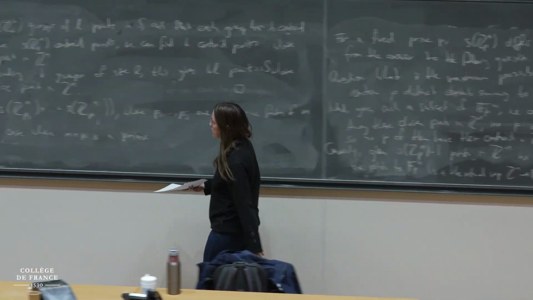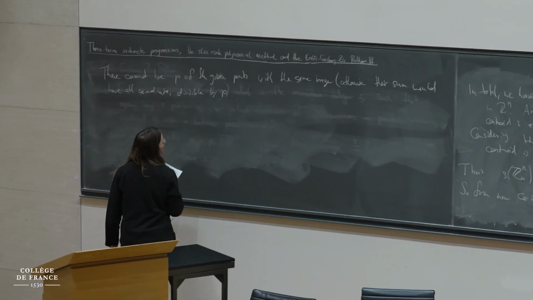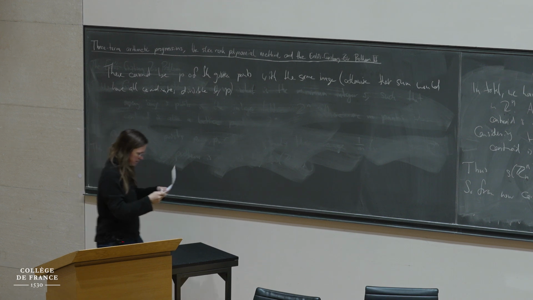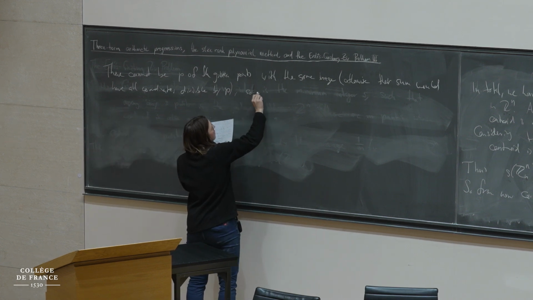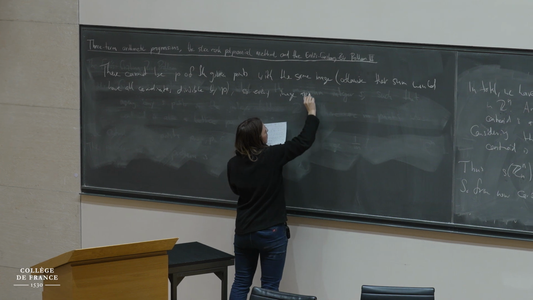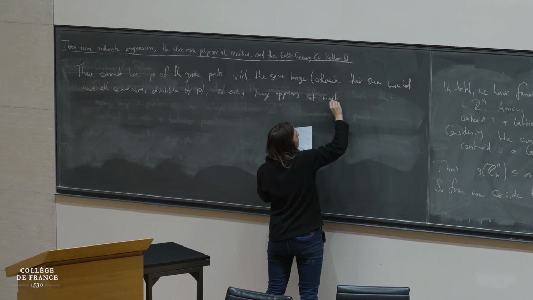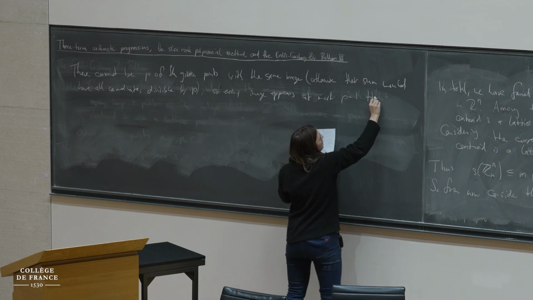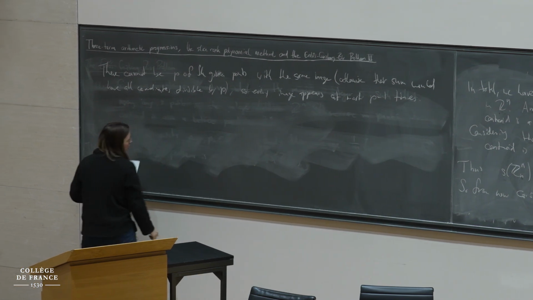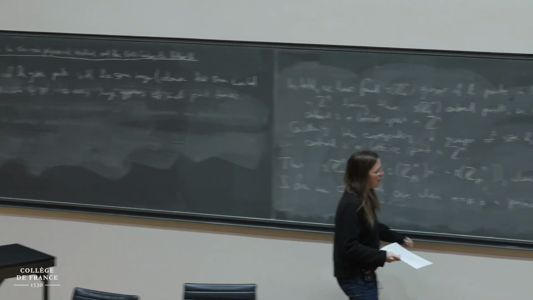So that means that's indeed not possible, and so there can't be any p points with the same image, so every image appears at most p minus 1 times.